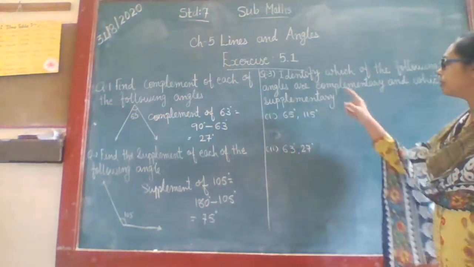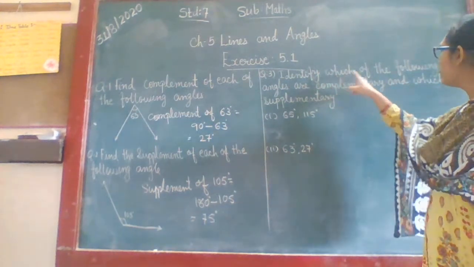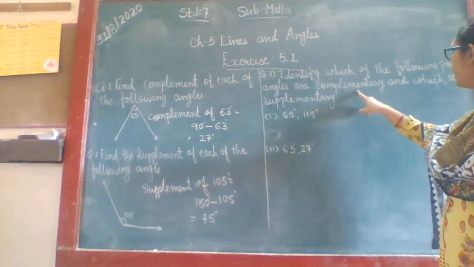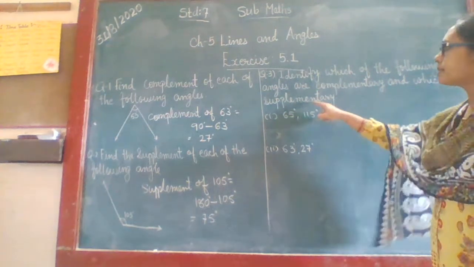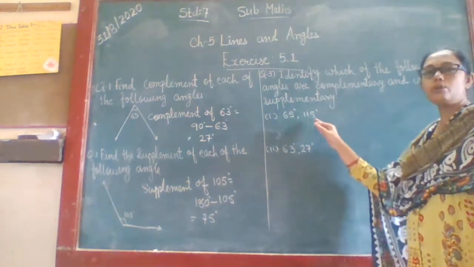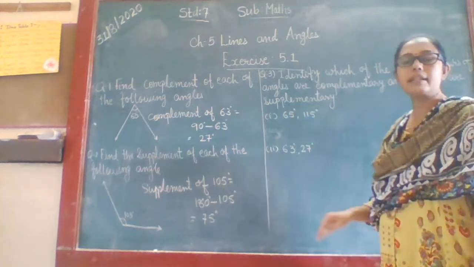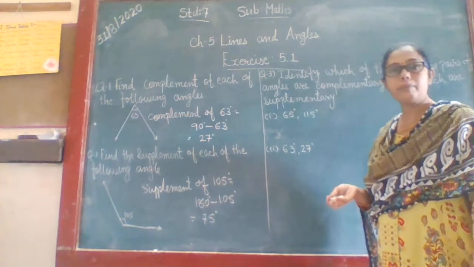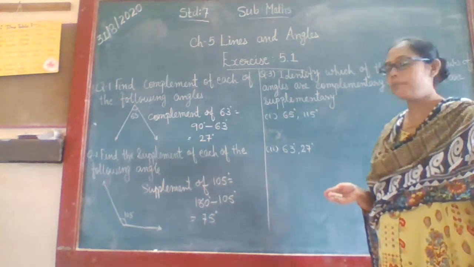Now question number 3, identify which of the following pairs of angles are complementary and which are supplementary. Means two measures of angles are given to us. We have to find which pair is a complementary pair and which pair is supplementary.